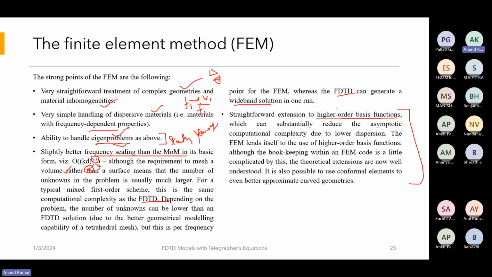But just to know, the FEM method uses some basis functions which can be scaled for higher order, unlike FDTD where higher order scaling is not good. FEM has good higher order scaling, which implies we can get better results.